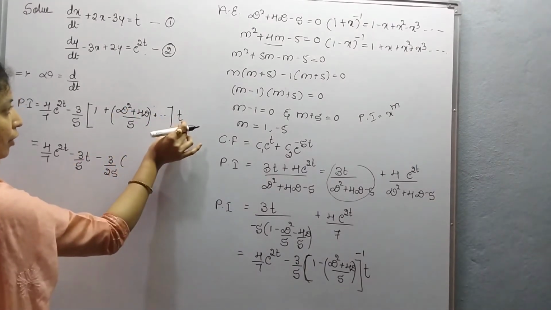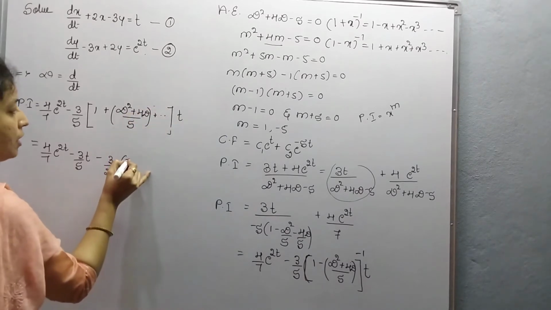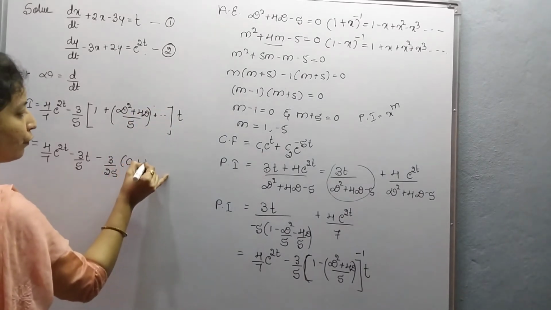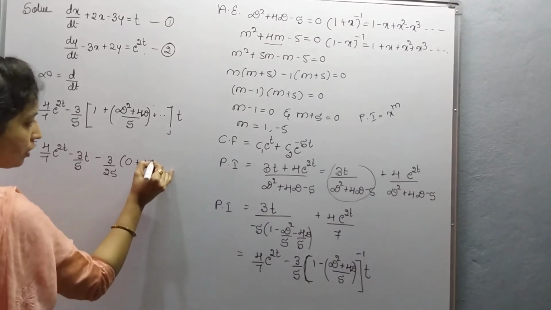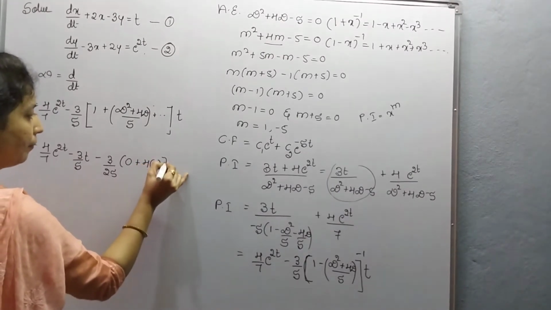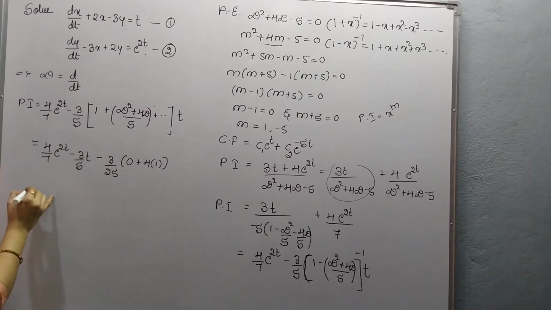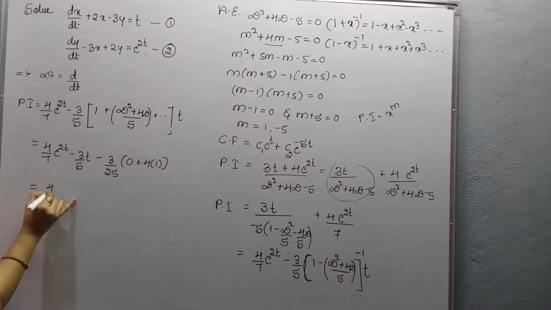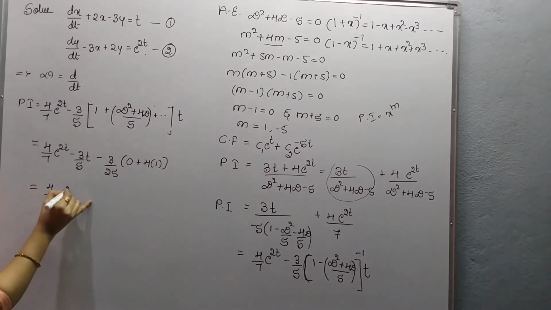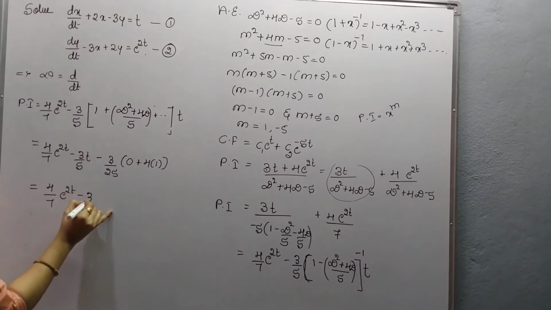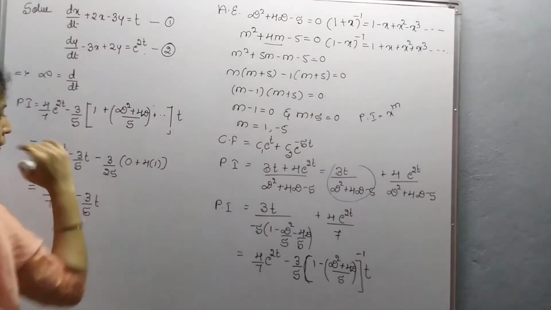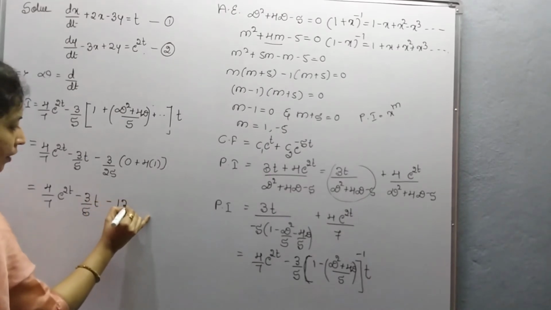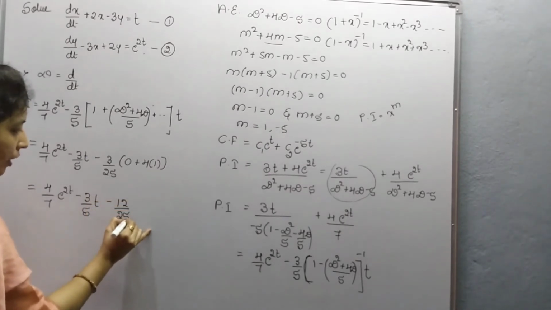It means the first derivative is 1 and the second derivative will be 0, then plus 4 into D of t. D of t means differentiation of t with respect to t, which is 1. Then on further simplification, 4 by 7 e raised to 2t minus 3 by 5 into t, minus 12 divided by 25.